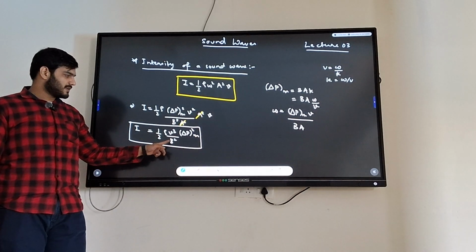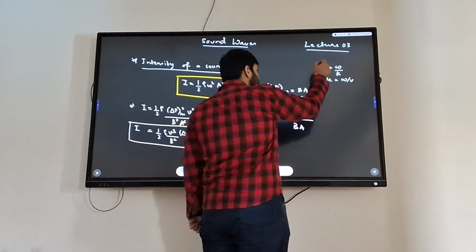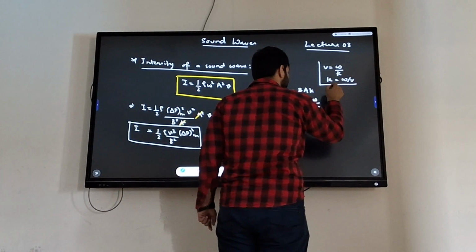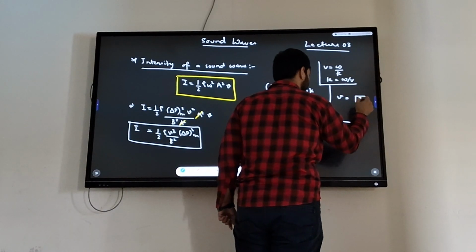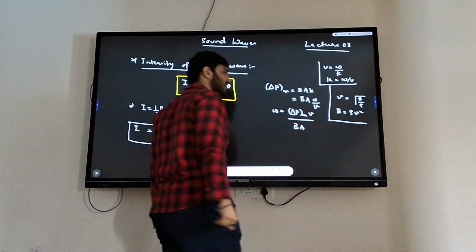We have a relation between B, rho and v as well, and what was that? Velocity is equal to under root B by rho. Then what is B? That's rho v square.